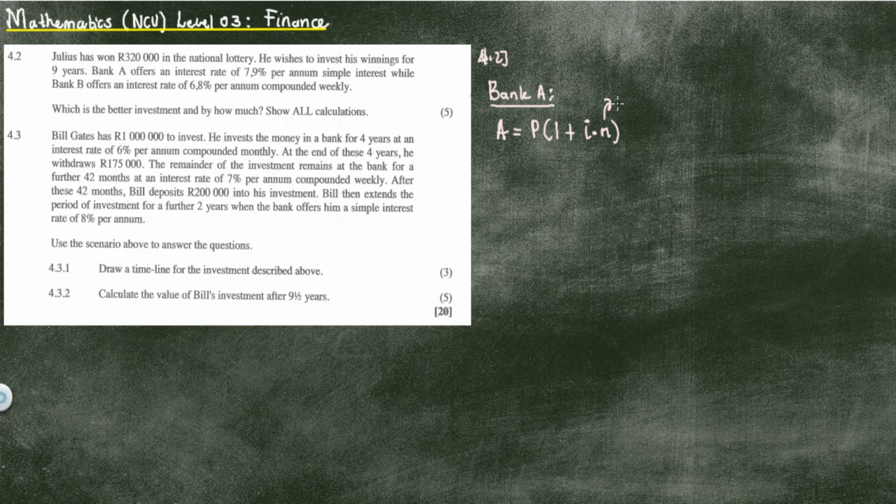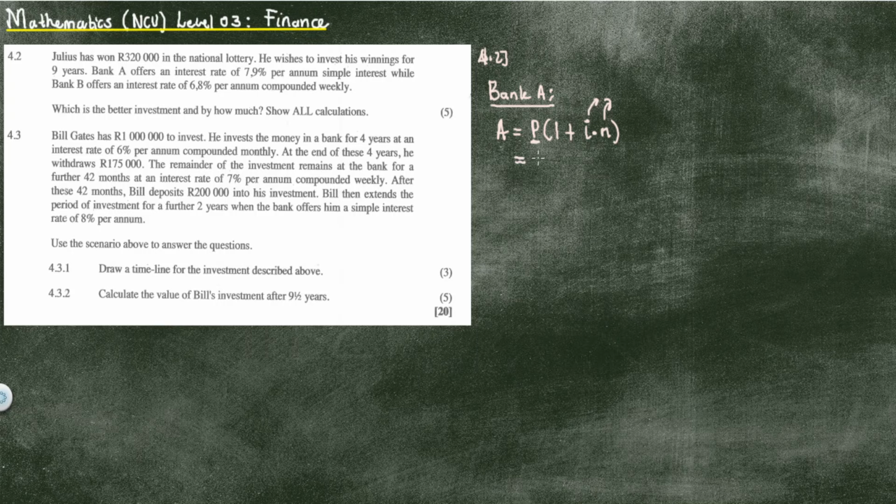N represents the number of years, I represents the interest rate converted, and P represents the principal amount, and A is the accumulated or accrued amount. It's one and the same thing.